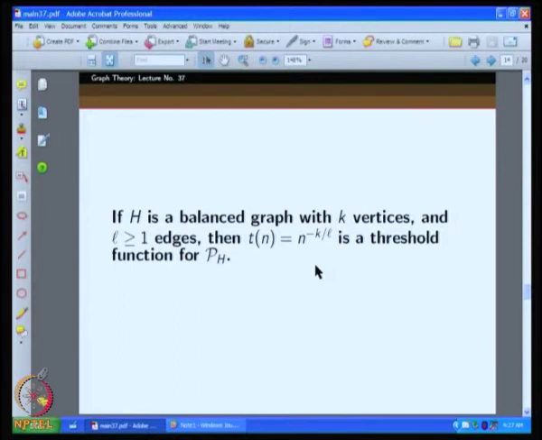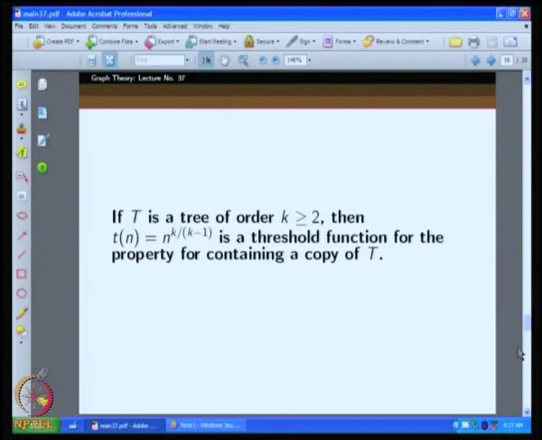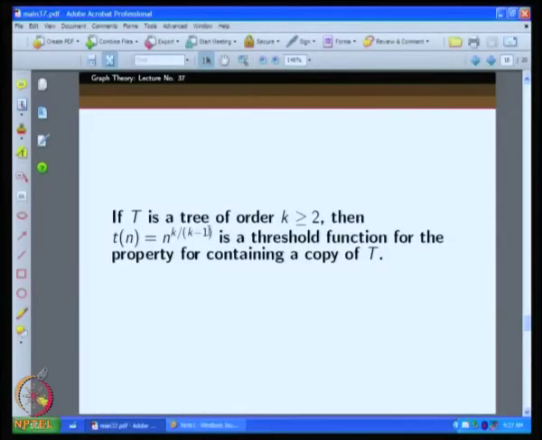If it is a small tree on k vertices, there are k vertices and k minus 1 edges. So, n to the power minus k by k minus 1 will be a threshold function for this property. Similarly, if you consider a complete graph, what will happen?